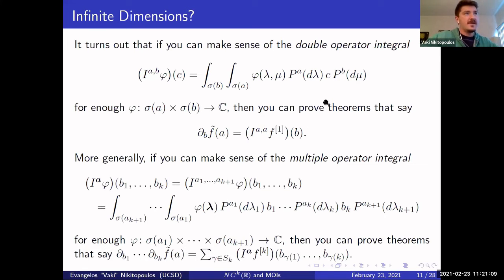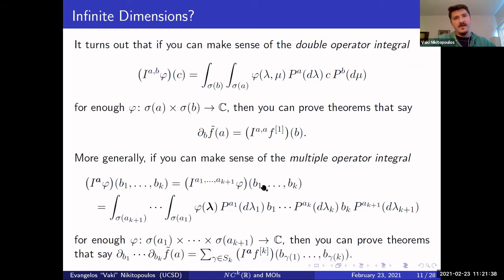More generally, for the kth order, if you can make sense of the multiple operator integral expression, and once again, let's study this expression a little bit. Phi is supposed to be a function of k plus 1 variables, and we act the first variable first, then the first of the inputs, dot, dot, dot, then the kth variable, then the kth input, and finally we act the k plus first variable all the way on the right. So that's this multiple operator integral notation.